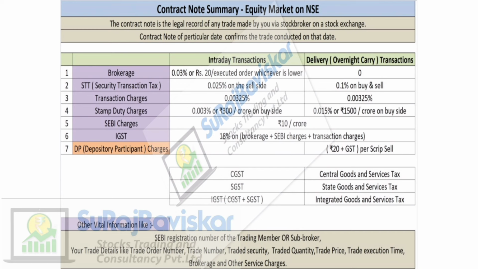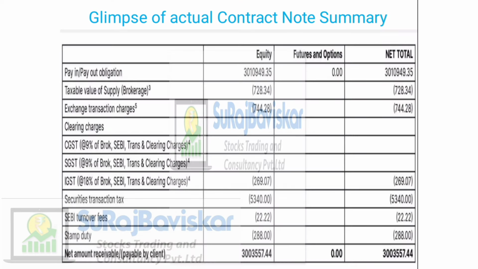after you are winning or losing a position. So let's have a quick look, after understanding this, at the actual contract note, which I am showing here. Pay in amount is something around 30 lakhs 10,949.35, which is open.